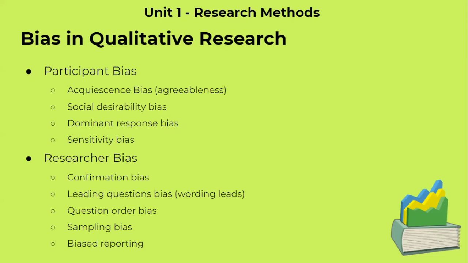Next up is question order bias. This occurs when a previous question's response affects their future question's response. So in order to combat this, we have to ask general questions before specific ones so you can jog their memory and get them thinking, positive questions before negative ones, and behavior questions before attitude questions.